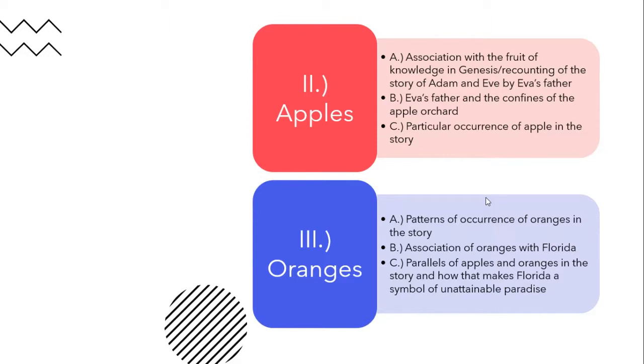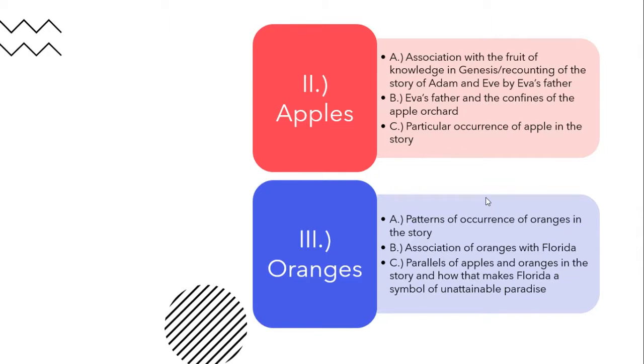And you might talk about Eva's father in the confines of the apple orchard. And then you might talk about a particular occurrence of the apple in this story, where it ties together the story of Genesis, the religious connotations of it, the religious associations, which, if this is a story about an oppressively religious family, might be really overt, right?